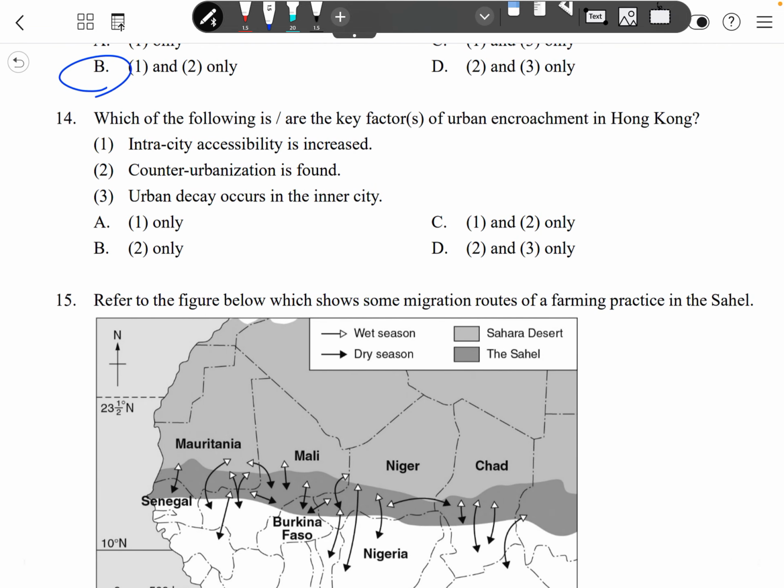Number 14. Which of the following are the key factors of urban encroachment? Urban encroachment is planned by the government. In Hong Kong, it is in the form of new town development.